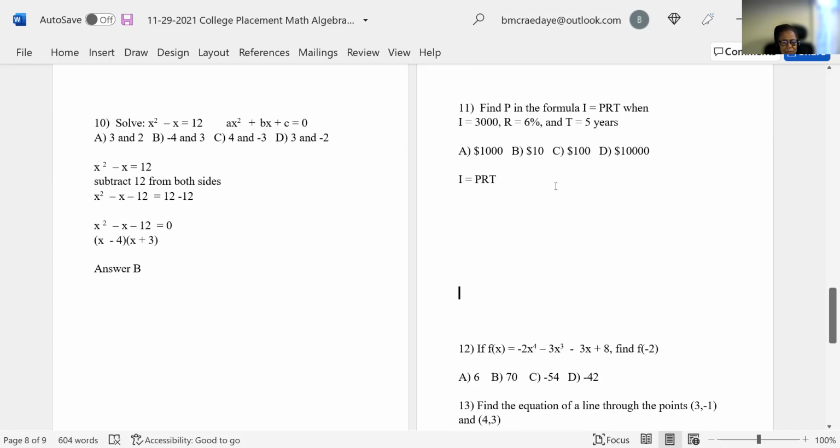What do you have to do to both sides of the equation? Divide both by PTR? No, you want just P left. So what would you have to divide by?